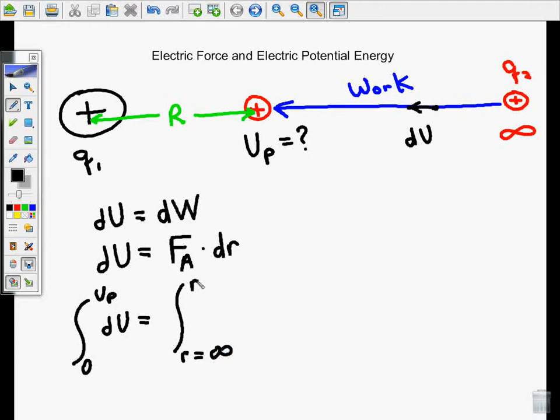infinity to r equals, I'll call it r sub P today, of F sub A dot dr, then we would get the total potential energy at P, if we add up all those little changes in potential energy.